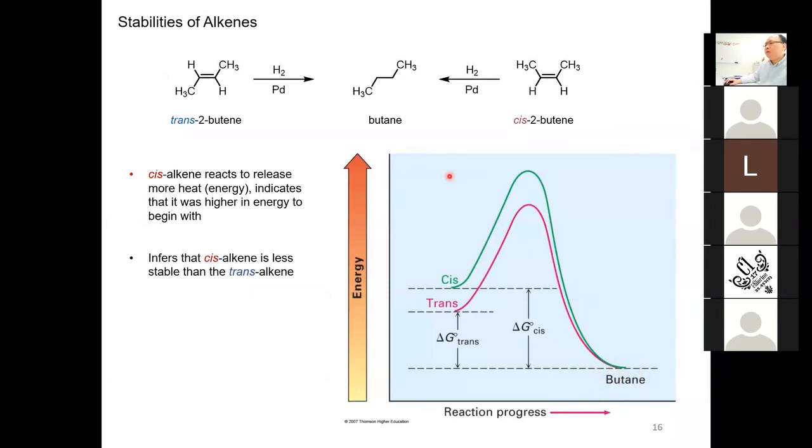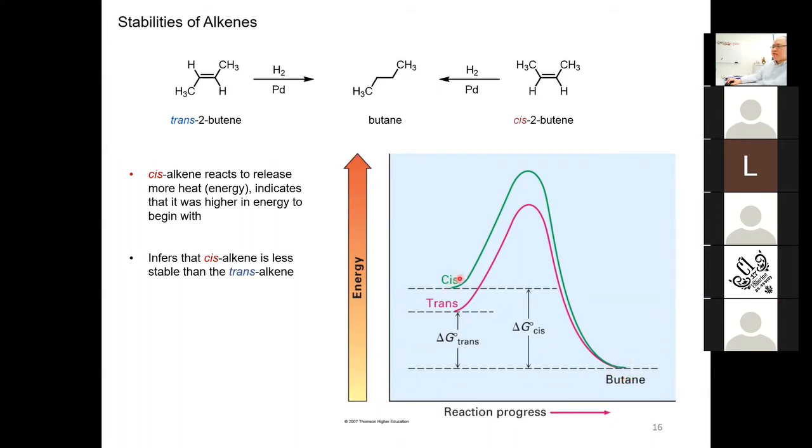What people found out is that the hydrogenation of cis alkenes actually releases more heat. So that means the cis olefin is less stable than trans, right? Because we have the same energy of the product.